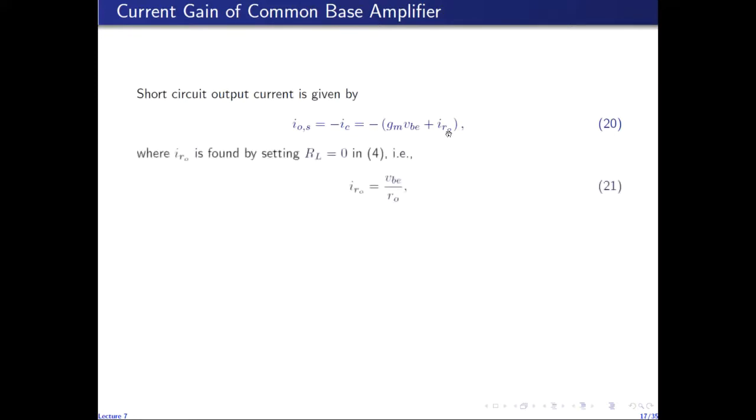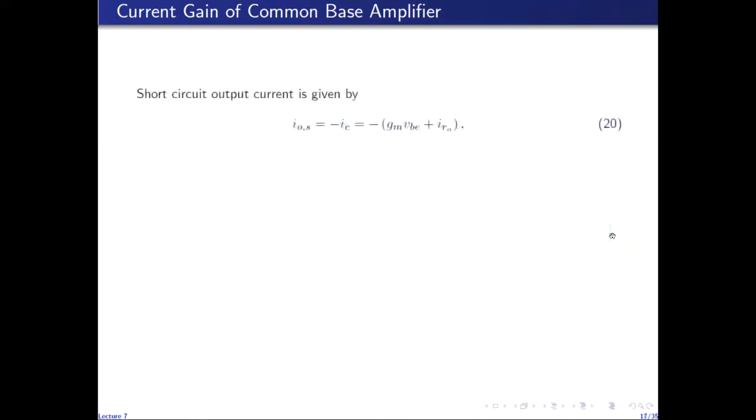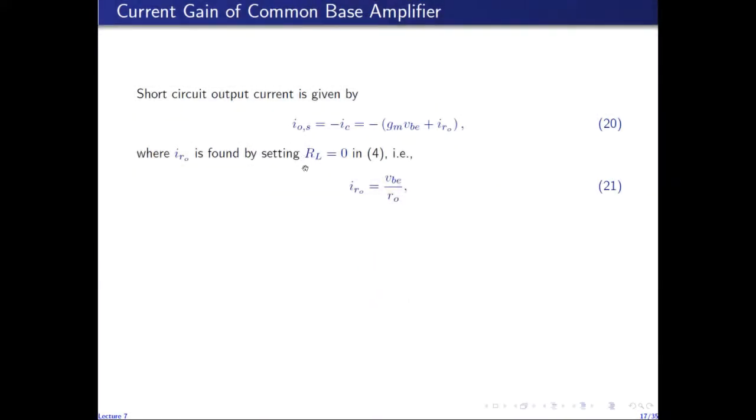IR naught has already been found before for the circuit in which RL was non-zero. The only difference between that circuit and this circuit is that RL has been set to 0. So we can use the same expression we derived for IR naught in equation 4 by simply putting RL to 0. So the reduced expression for IR naught is given by VBE over r0.